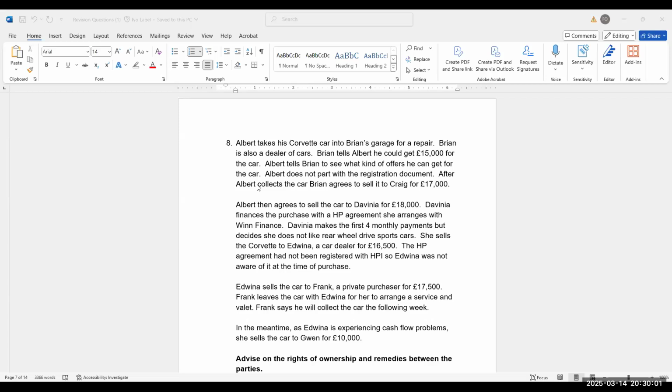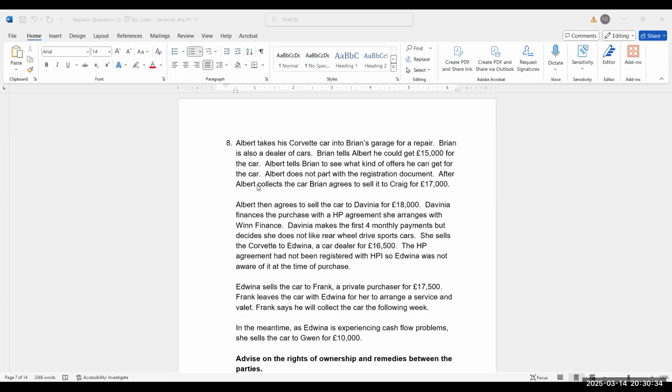So it would seem that aside from having the car with the consent of Albert, it doesn't satisfy the requirement of Section 2 of the Factors Act to operate. So we can see that Craig will not obtain good title to the car. We're going to be talking about remedies later because if Craig doesn't obtain good title and there's total failure of consideration, he might be able to claim remedies under Section 12 of the Act, and also he might be able to claim remedies for that.